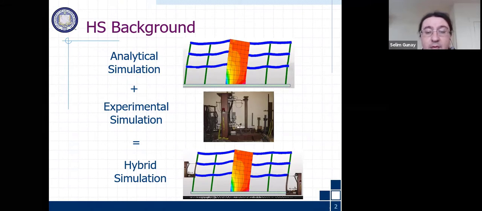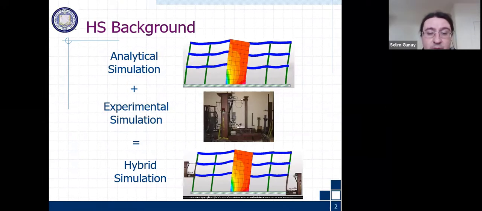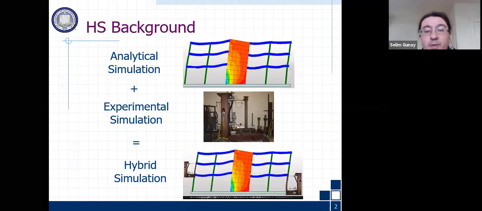We still need equations of motion, and we still need to solve these equations of motion using numerical integration methods. The only difference from regular nonlinear dynamic analysis is that in order to proceed with integration time steps, we need to communicate with the lab. That's the main difference.